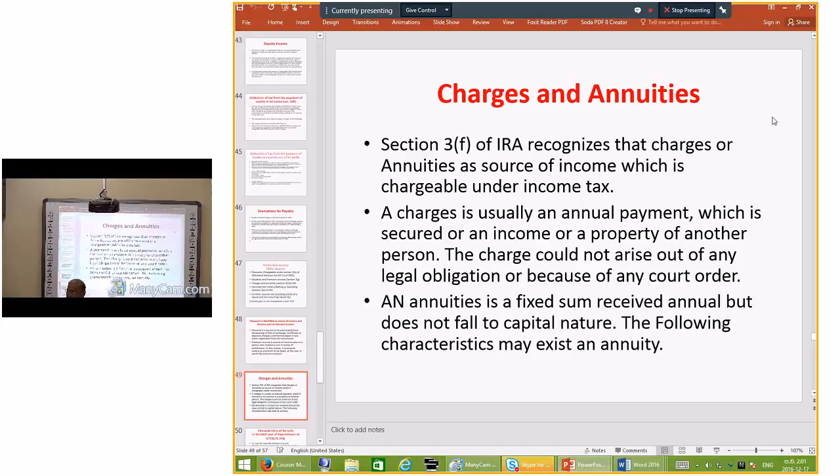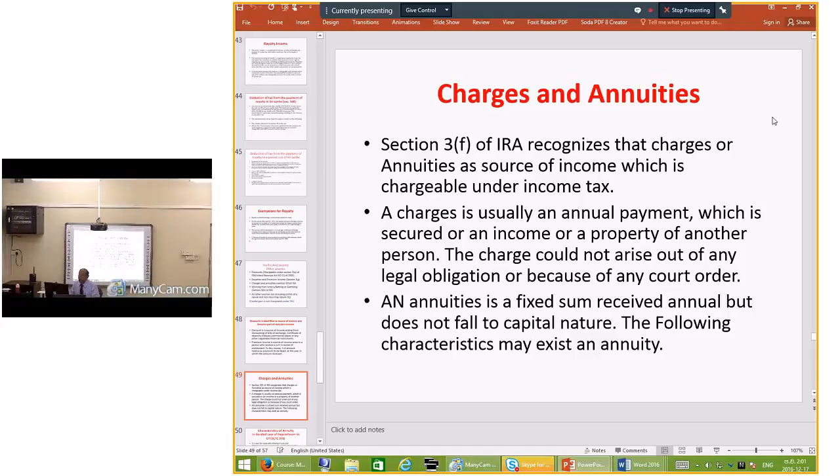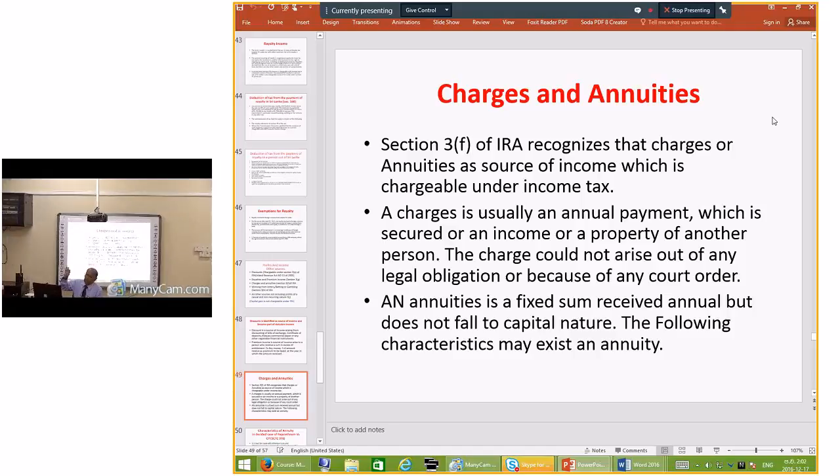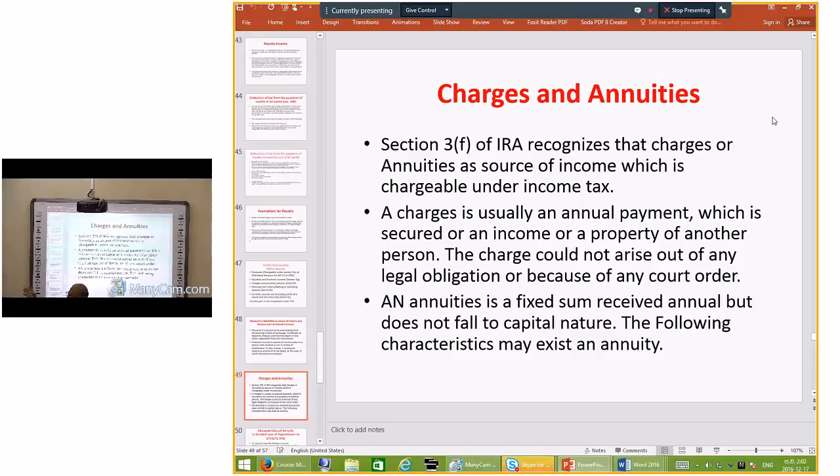If some annuity is received by an individual, that annuity is subject to tax. Normally, annuity is paid on an annual basis, but if someone is paid some capital amount once and for all to get into some obligation, that does not come under annuity. Annuity must be regularly paid on an annual basis.